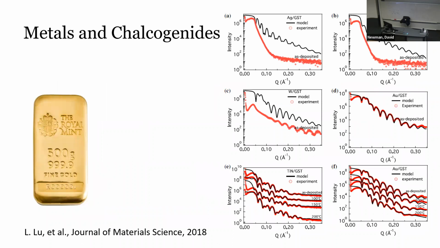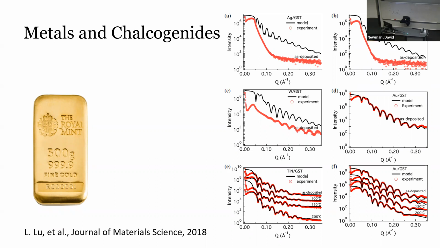As I mentioned, we were using mainly gold metals for the plasmonic elements in these metamaterial structures. You don't really need to understand this too much, but this is an X-ray reflectivity measurement. If you put a very thin layer of metal on a substrate, you can measure the interference of the X-rays as they bounce around off the surface.